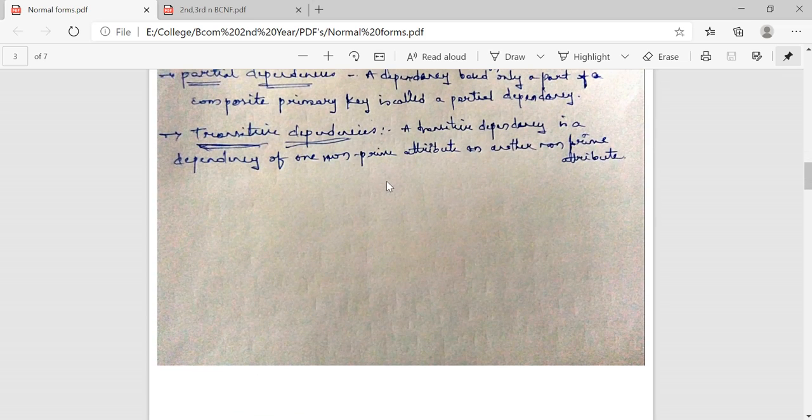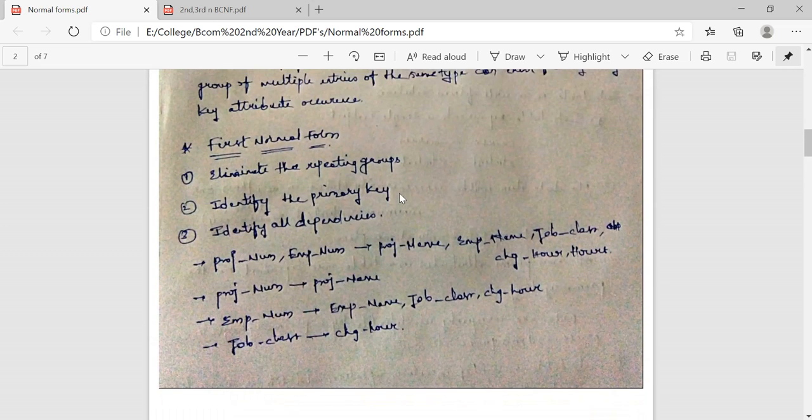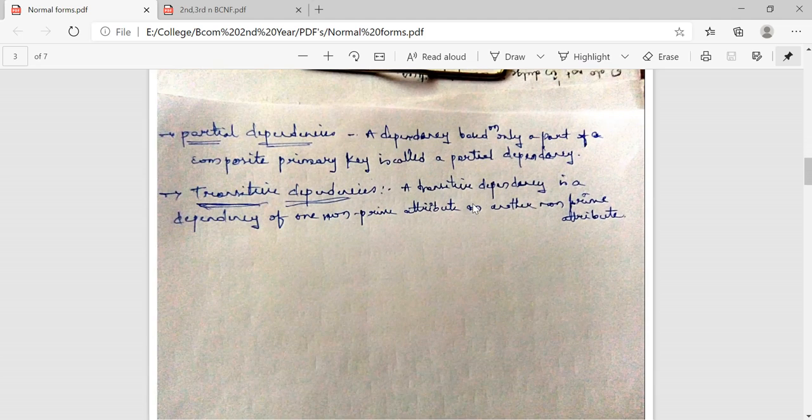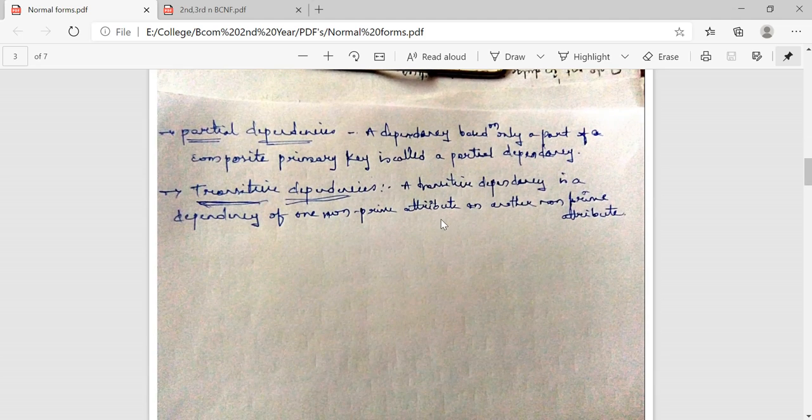And the other type of dependency is transitive dependency. What is transitive dependency? A transitive dependency is a dependency of one non-prime attribute on another non-prime attribute. An attribute which is determined by another non-prime attribute.